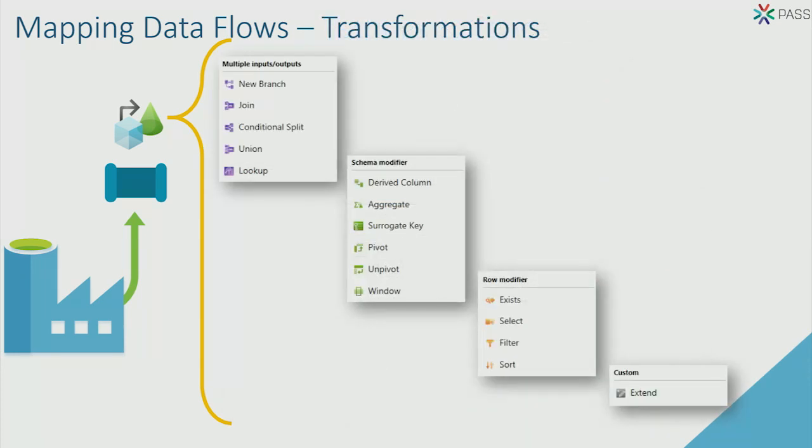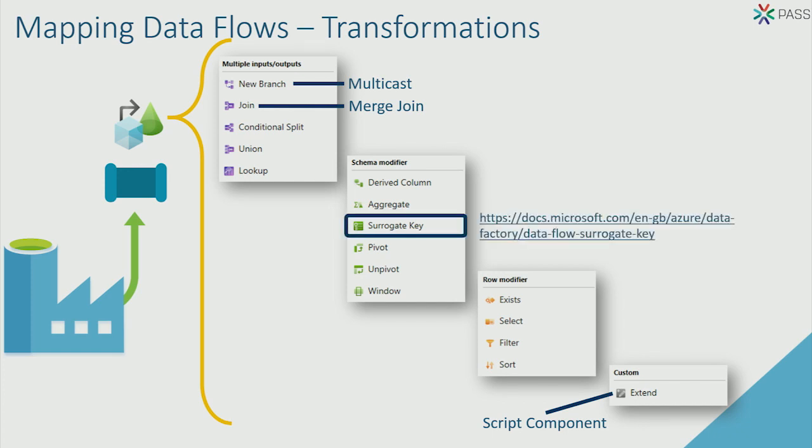In terms of the transformations themselves, this is the hit list. When I created these slides, and if we're doing a bit of SSIS translation here, I could say yes, we have a multicast, we have a merge join, without the sorting, but yeah, we have that option. My favorite is the surrogate key one. So if we want that row number, that auto-incrementing ID on our data set that we're bringing in, we can get that.